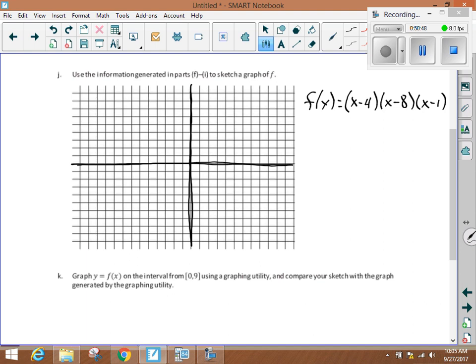So we got an x-intercept at 4 and at 8. 1, 2, 3, 4, 5, 6, 7, 8. Oh, that's in the right place. And then we got an x-intercept here at 1.